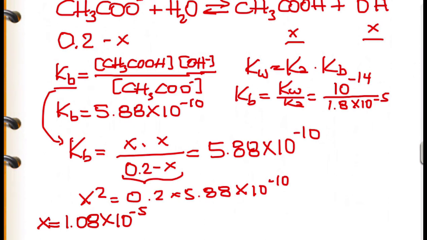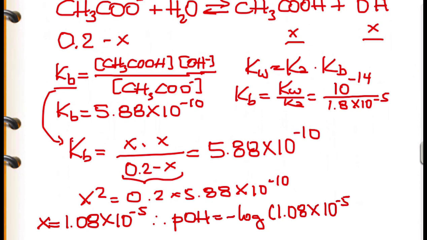So from that, we can get the pOH, which is going to be minus log of X, because X is the concentration of the hydroxide, right? So when we plug in this, it would give us pOH equals 4.96.